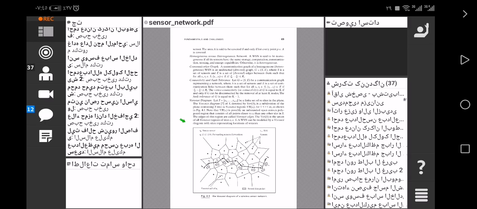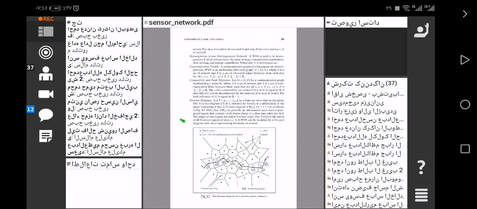So a graph includes sensors and links among sensors, and if we have a homogeneous network, our graph is undirected. Otherwise, the graph is directed.